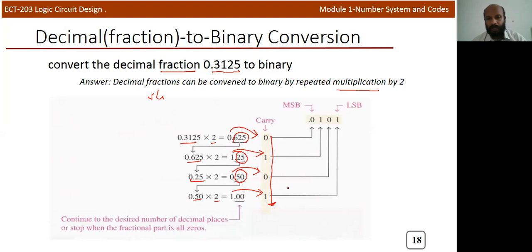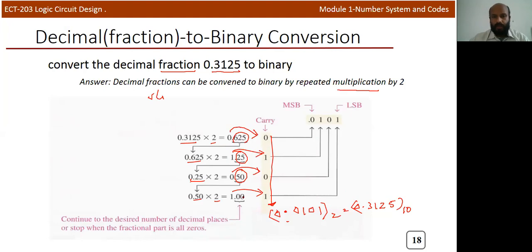So after this point, you need to write 0 1 0 1. Okay, so this is your binary representation of the number 0.3125 in decimal.